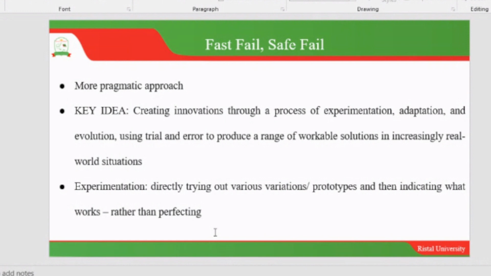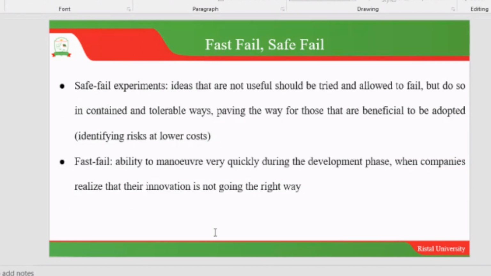You want to build something small, test it, gather feedback, and then build a better or bigger venture. So that small representation of the bigger business is what we are calling the prototype. Okay, and then in experimentation, we look at trying out that prototype and indicating what works, rather than focusing on perfecting. Then the other element of fast fail, safe fail is the safe fail experiment.